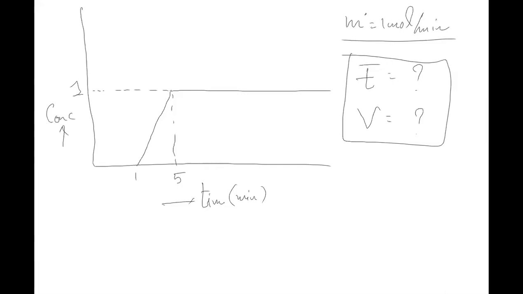So I got 2 replies. T bar is 3. Volume of the reactor is also 3.